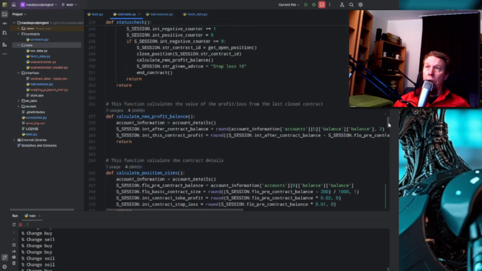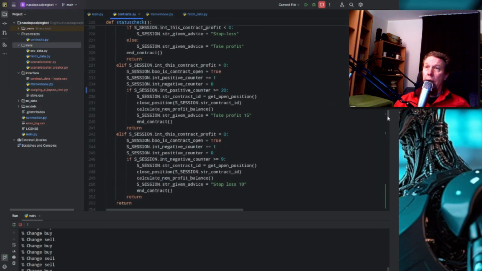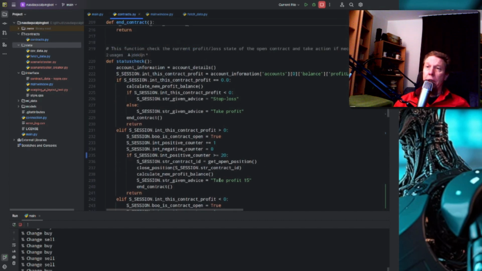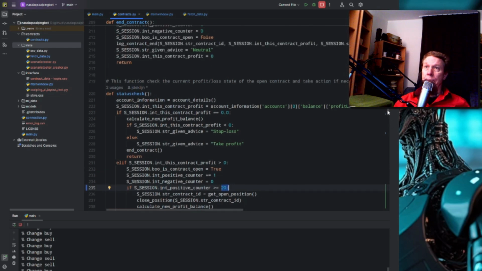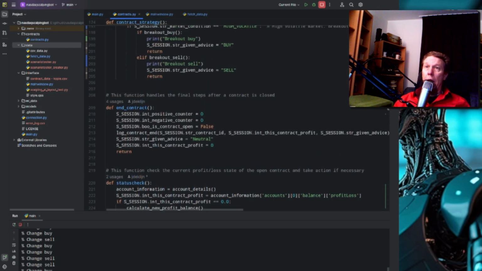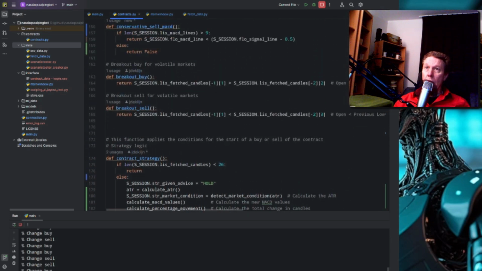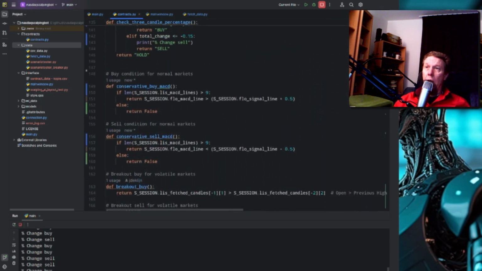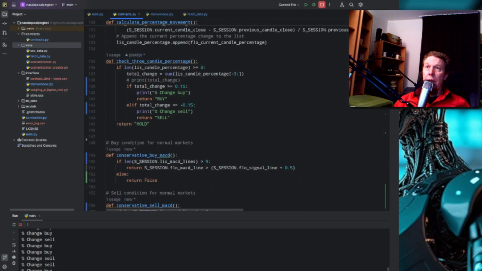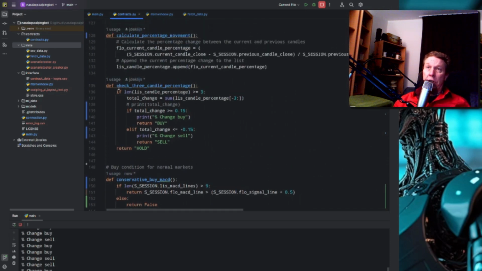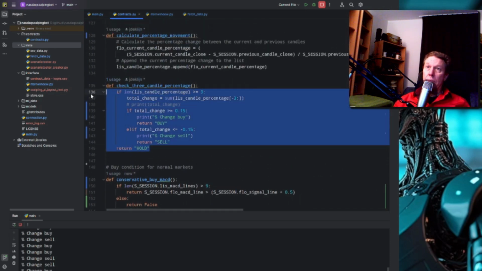And I also changed in the code the take profit moment from 15 up to 20 minutes. Before, we had a take profit moment. And I changed also, and I have to take a look at where it is, the breakout sell MACD, there it is, the check 3 candle percentage.